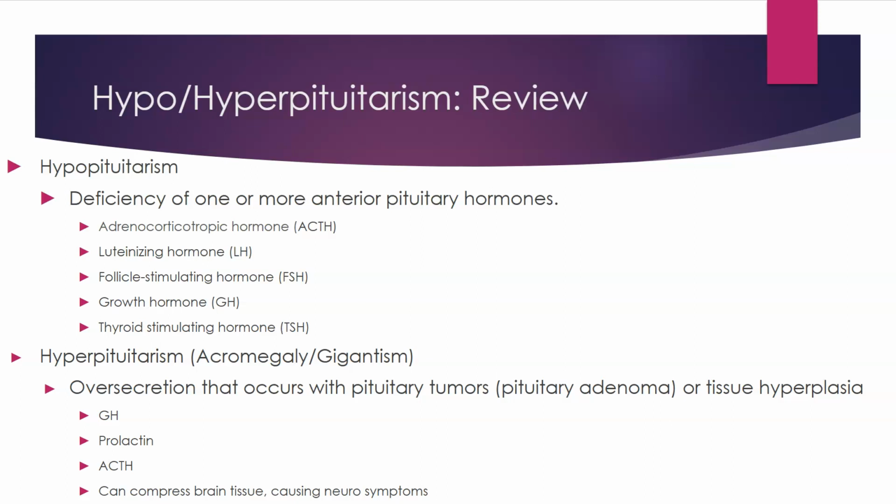So it's oversecretion, often of the growth hormone or prolactin or ACTH, and that can cause compression of brain tissue and neural symptoms. It can lead into acromegaly if this occurs after the growth plates have fused, or gigantism if it's before the growth plates have fused.